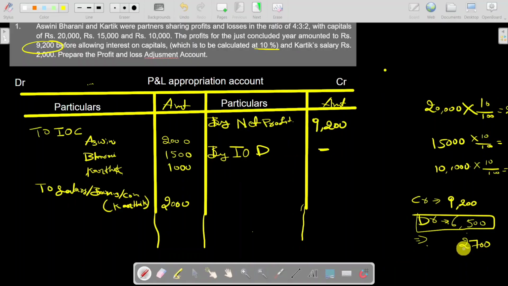So we have to divide this profit among the partners according to their profit sharing ratio.